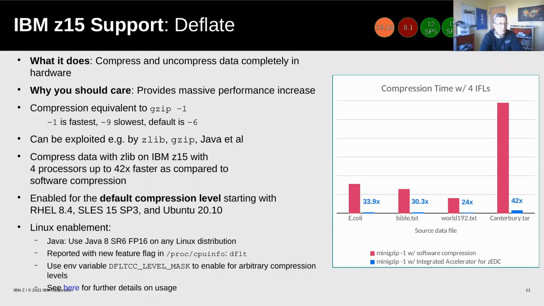And it is. There's some benchmarks here on the right-hand side, and as you can see, we achieved something in between 24 times the performance up to 42 times the performance of doing the same compression of these respective publicly available test files with our deflate algorithm as opposed to doing it in software.